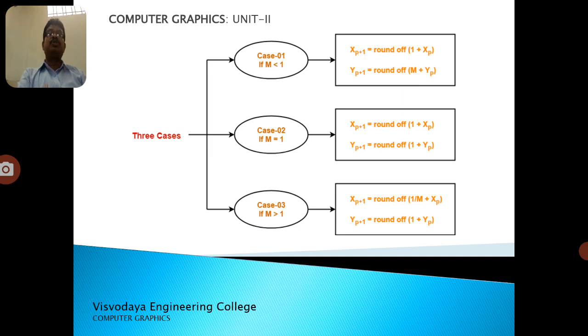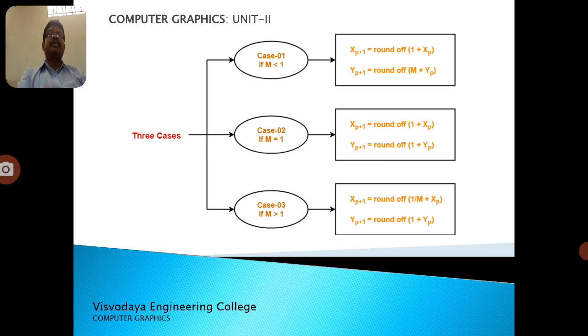If the value is 0.4, the round value of 0.4 is 0, because if it is less than 0.5, it comes to the previous, current value. If it is 0.5 or greater, we go to the next value. Here, round of 1 plus xp. If the value is, suppose, 5.5, the round of 5.5 is 6. So that is the first case.